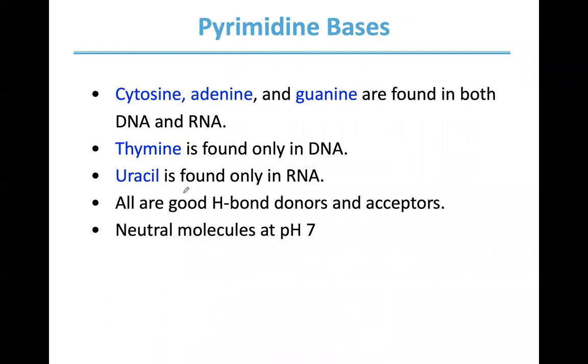And so there are 5 of these bases, right? So cytosine, adenine, and guanine are found in both DNA and RNA. Thymine, only DNA. Uracil, found only in RNA. So all good hydrogen bond donors and acceptors, right? And neutral molecules at pH 7.